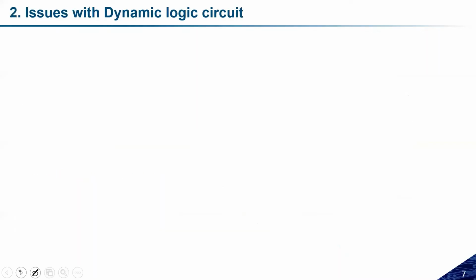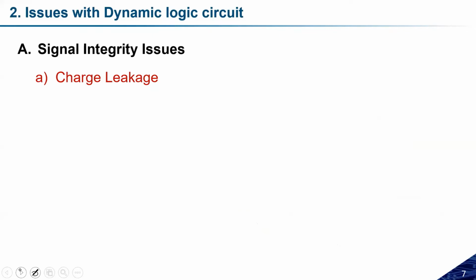Okay, now let us talk about some issues with dynamic logic circuits. Majorly we have signal integrity issues, and within these signal integrity issues, we can have a charge leakage problem. The second problem could be the charge sharing problem. What these problems are, and how to overcome them, I will tell you.